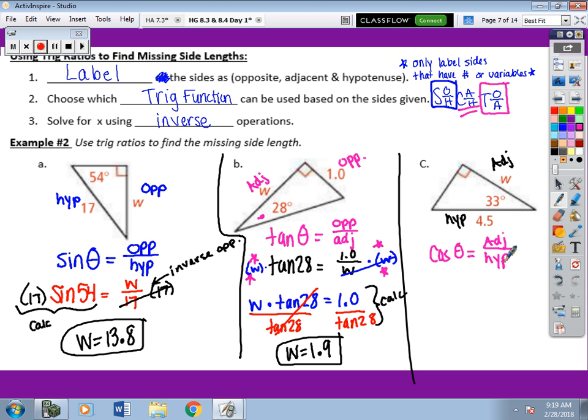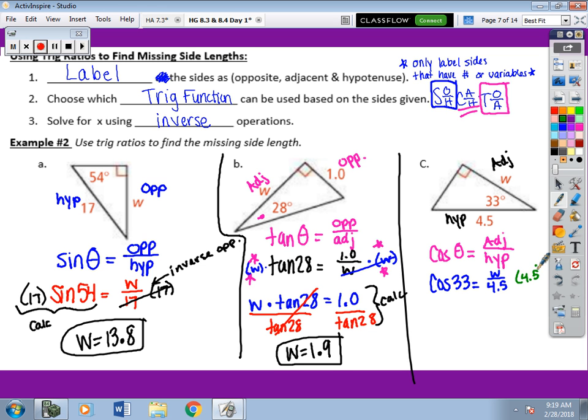Again, if you want to skip this on the homework, you don't have to write this out every time. Sub in your values, so we'll have cosine of 33 equals, adjacent is W, hypotenuse is 4.5. This is the easier one to solve because W is in the numerator. So we just use our inverse operations. We see division of 4.5.